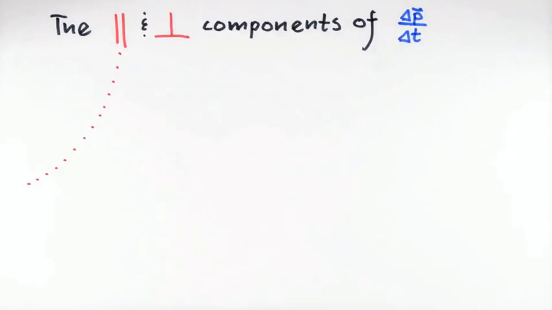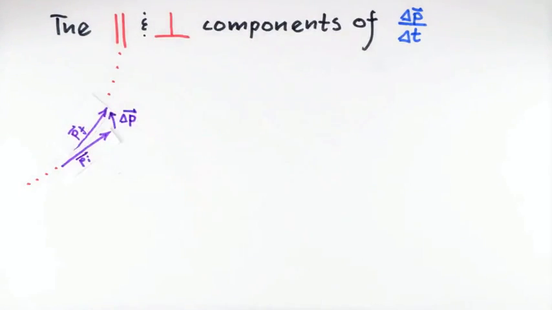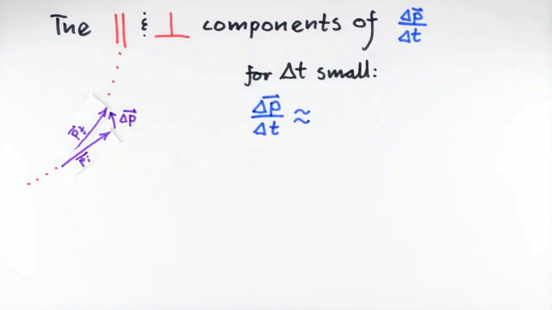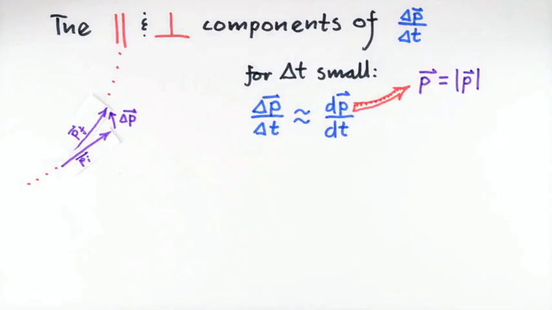Now, to decompose delta P over delta T into parallel and perpendicular parts, let's start with the idea that when delta T is sufficiently small, the ratio delta P over delta T is a good approximation to the derivative dP dt. Also, as we know, we can write the vector P as the product of its magnitude and its direction, expressed as the unit vector p hat.